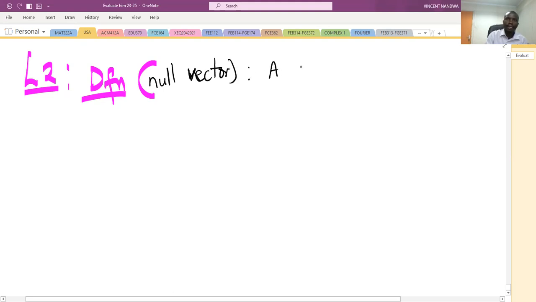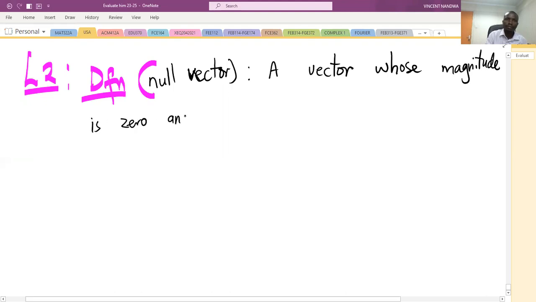So a vector whose magnitude is 0 and no specified direction is called a null vector.